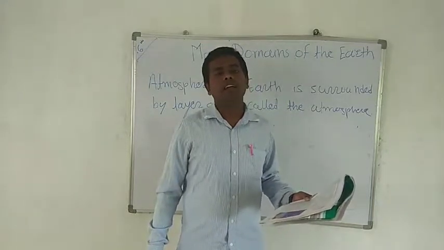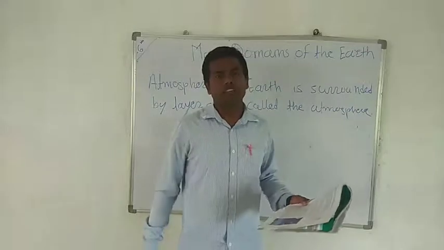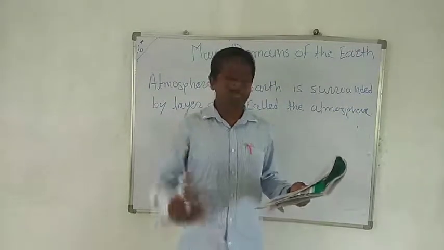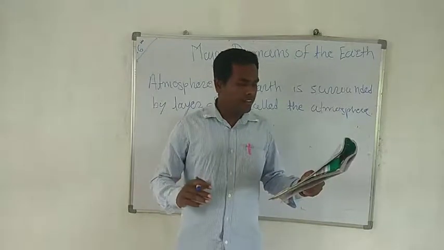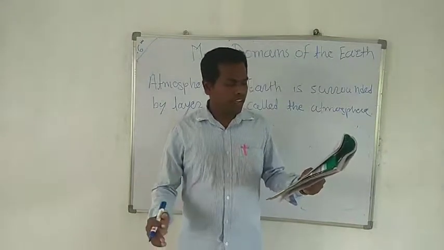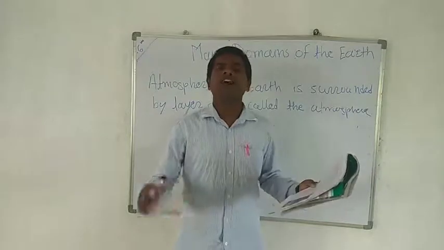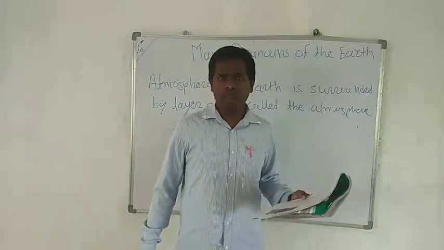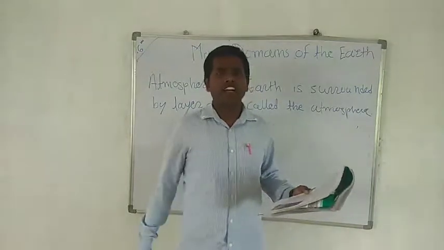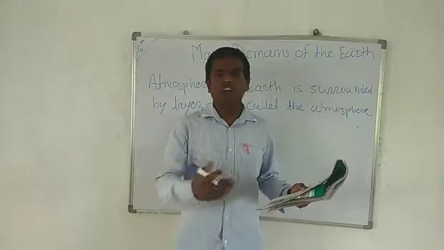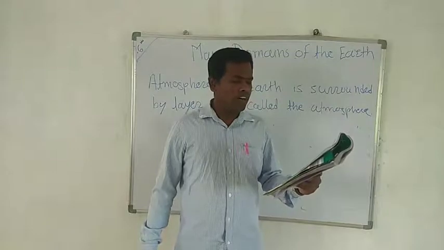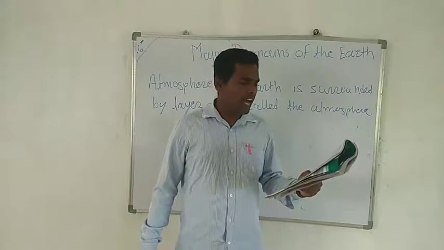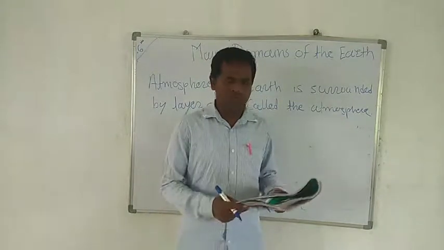We can divide this atmosphere into 5 divisions according to temperature and other properties. These layers, starting from the Earth's surface, are called the troposphere and so on.